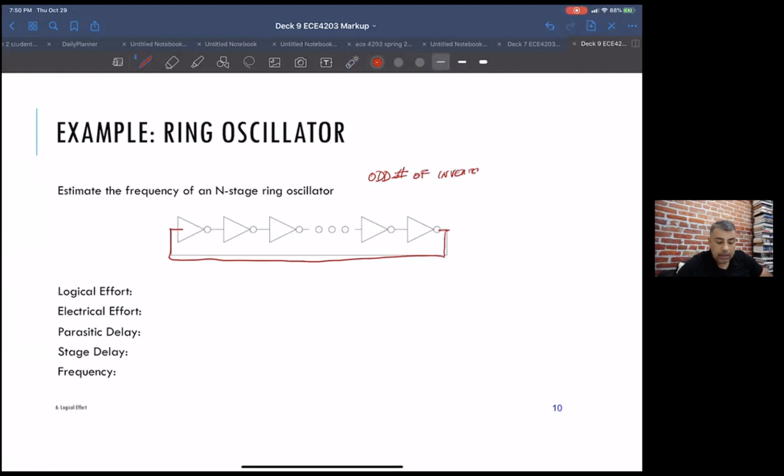So why an odd number? If we look at this, we call this N0, this is N1, this is N2, and this would be N here.